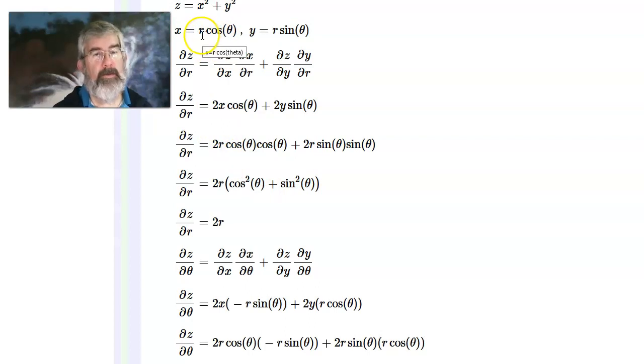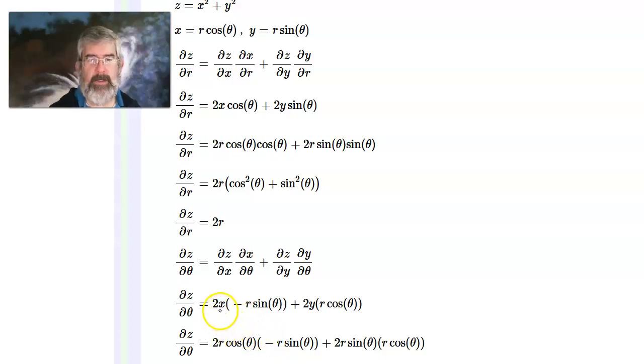R is a constant, so multiplying by a constant, this is going to come along for the ride. And the derivative of cosine of something is minus the sine of that something, right? So you get minus r sine theta for that partial of x with respect to theta. Likewise here, partial z, partial y is still 2y, and the partial of y with respect to theta is r times the cosine of theta. So that's that there.